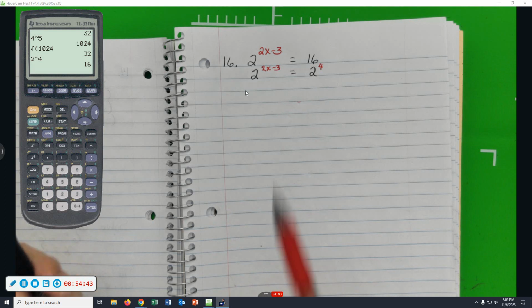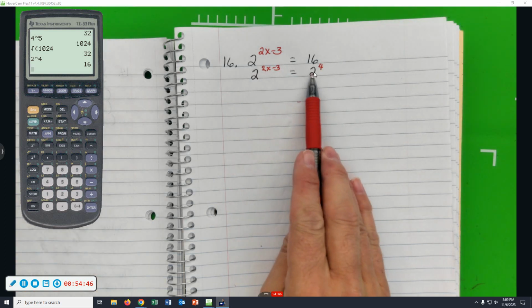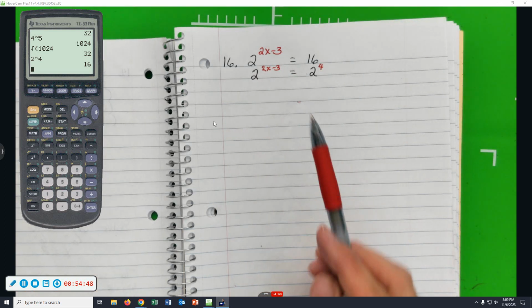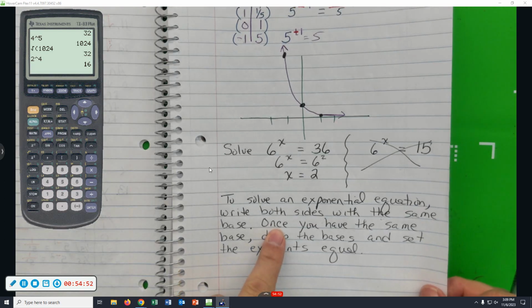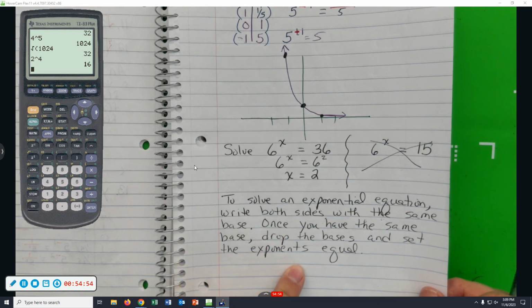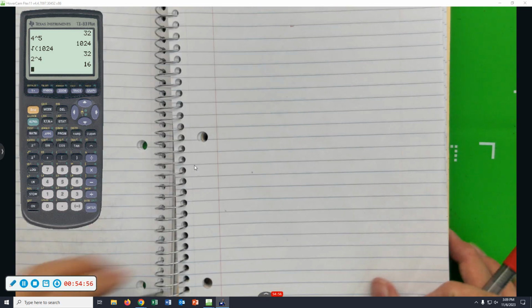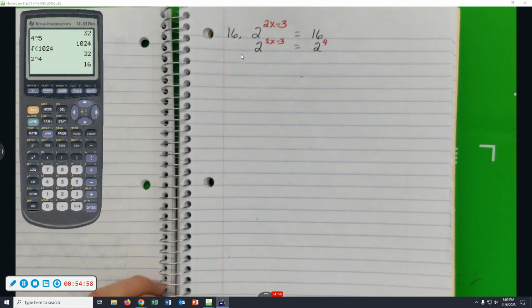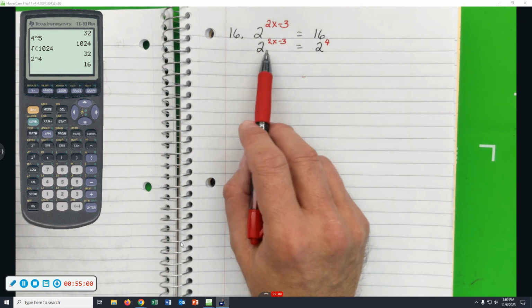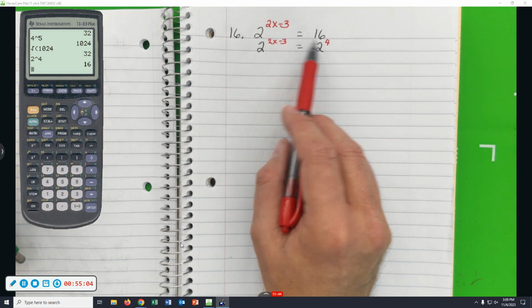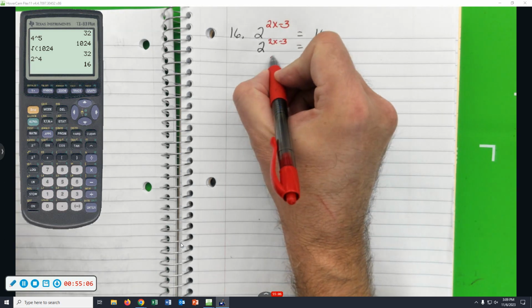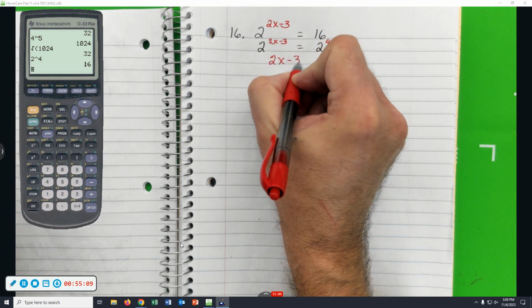So, write both sides with the same base. Then, once you have the common base, drop the bases and set the exponents equal. At this point, I'm no longer going to write any more black 2's. I'm done with the bases. If the bases are equal, the exponents have to be equal. So here's the equation I'm solving.